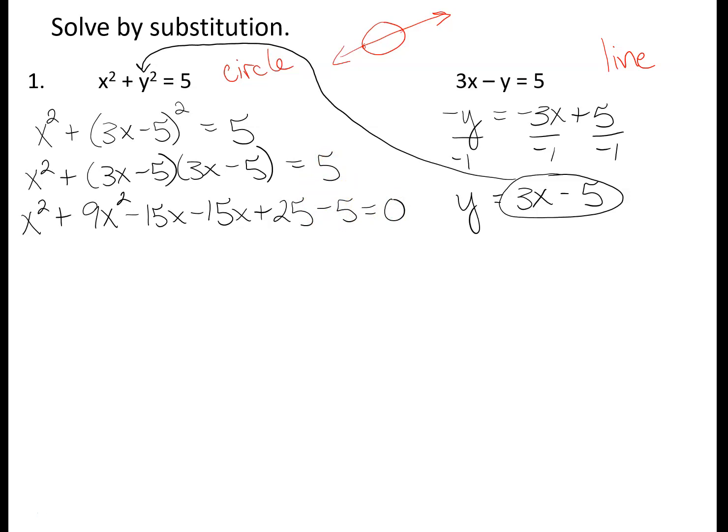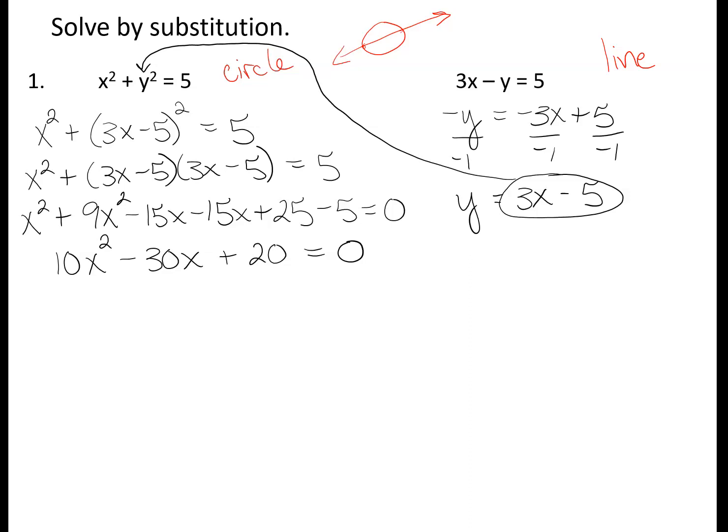Now let's combine like terms. So we've got 1x squared plus 9x squared would be 10x squared. Combine the x terms would be a negative 30x. And then 25 minus 5 is a positive 20.